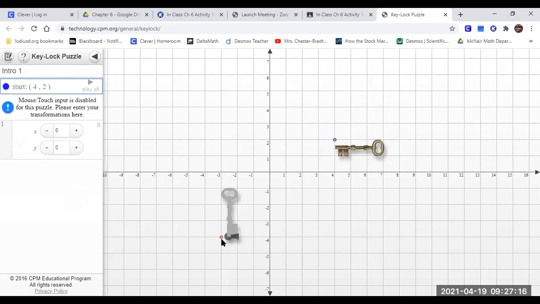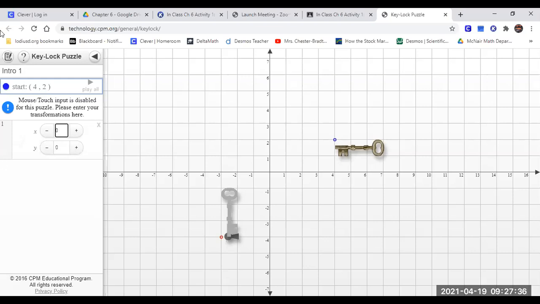So what kind of movement do we need to do? Do we need to subtract from our current X value or add to our current X value? Going left means subtract, yes. So how far?